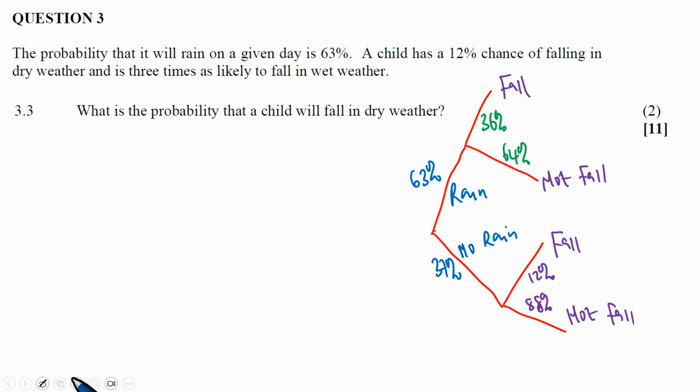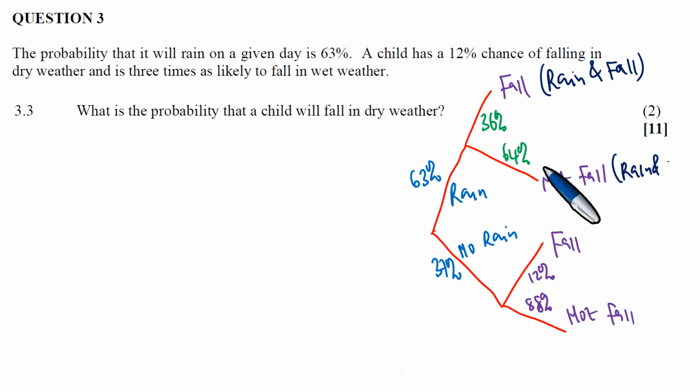Right, so at this point, you can have a situation where it rains and indeed the child does fall. Here you can have a situation where it rains and the child does not fall.